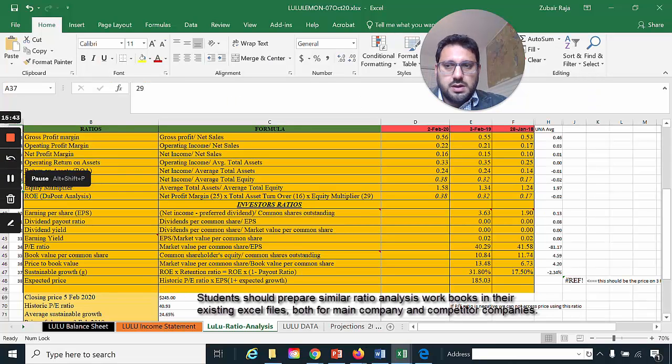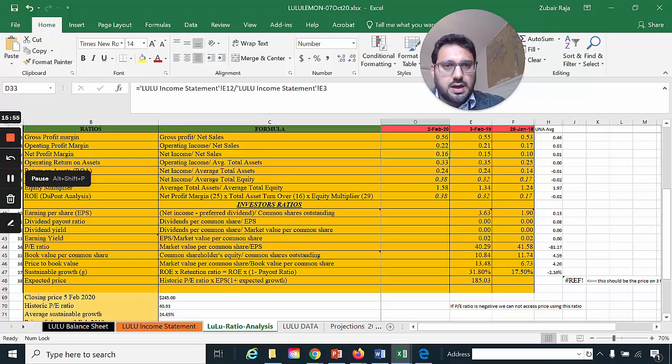So you see that over here, this is the gross profit margin, operating profit margin, and net profit margin. In all these ratios, I have seen the relationship of the different levels of profitability, like gross profit, then operating income, and finally the net income in relation to the total sales.